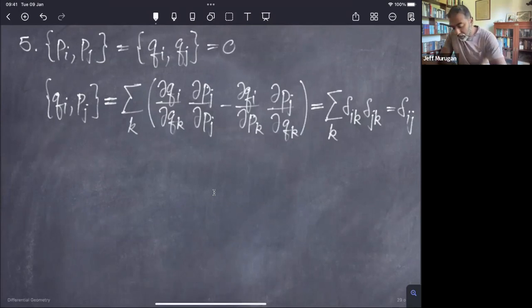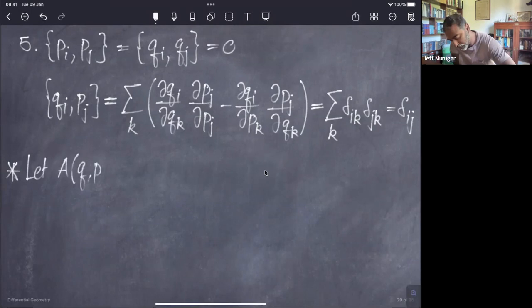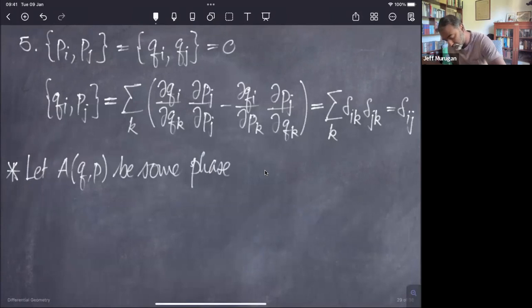Okay. So why would we need to introduce the Poisson bracket at all? To see why this is a useful thing to know, let's note the following. Suppose I have some phase space function, and I'll call it A. So A of Q and P is some function on phase space.